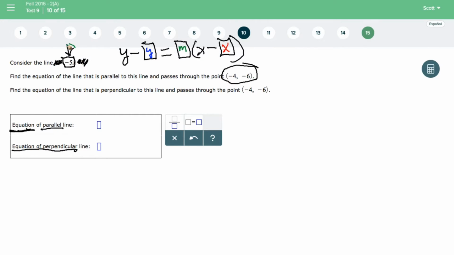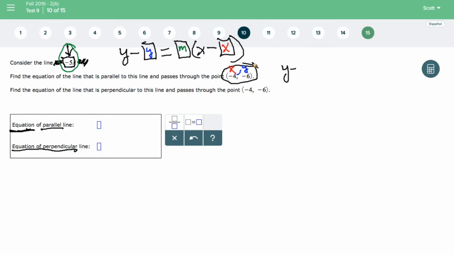Here's our slope, that negative 5. And here's our y. And here's our x. So let's plug it in.